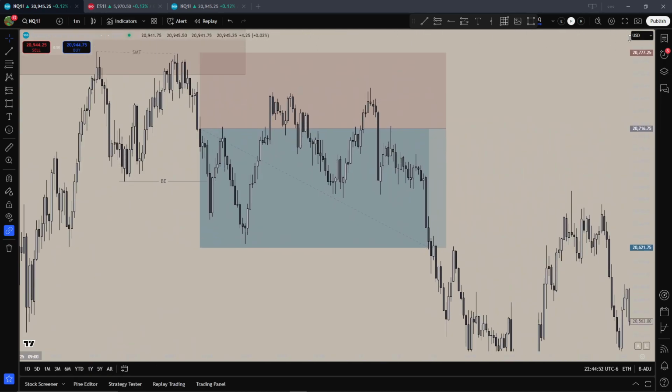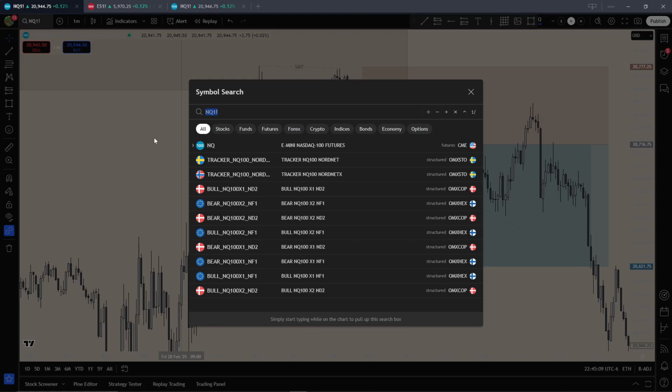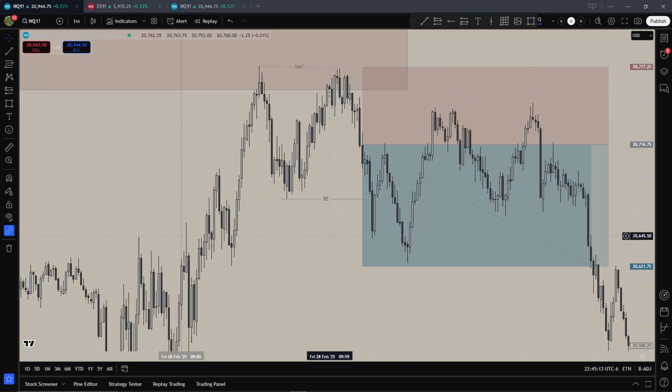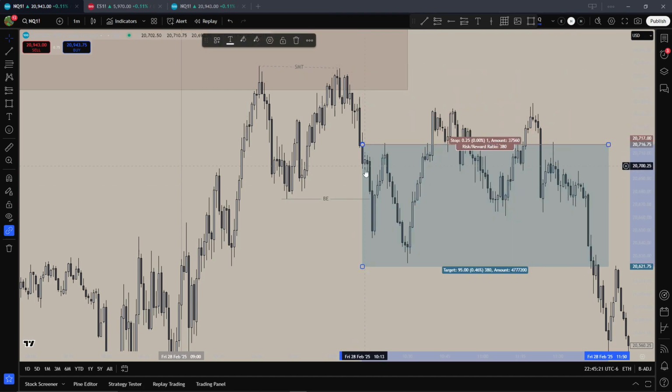I entered shorts when this candle closed, with stops above here. I know it was a big stop, and since I had already won, I didn't go in heavy. I went lighter, with 5 contracts, not minis, micros. I went short here, scaled here, and then moved stops to break even.